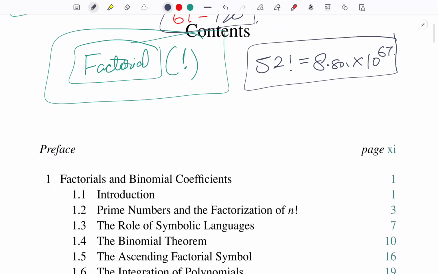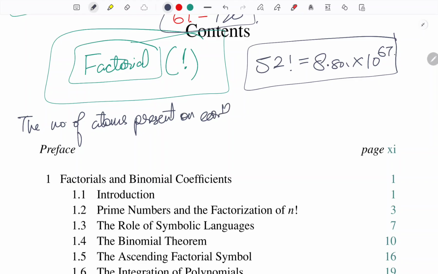And for reference, let's introduce some astrophysics over here. According to Google data, the number of atoms present on Earth, and I hope you are familiar with what an atom is, is around 1.3 times 10 raised to the power 50 atoms only.